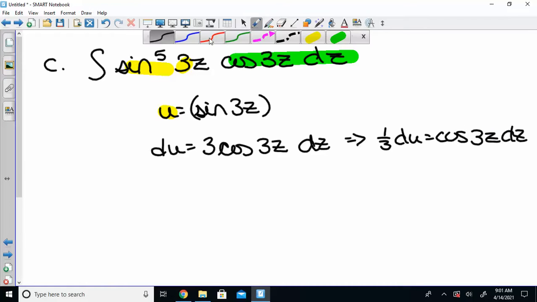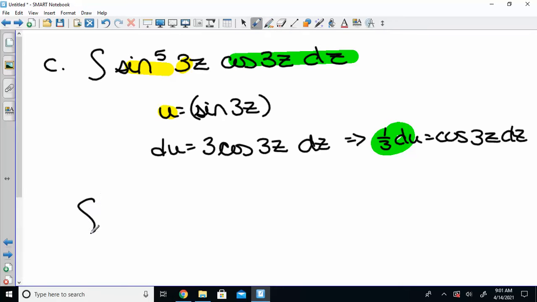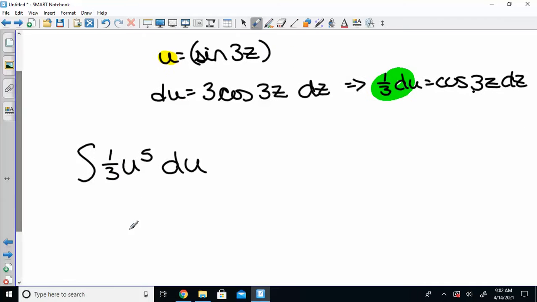A lot of you did not have that 3 from your chain rule. So then when I plug this in, the sine to the 5th becomes u to the 5th. The cosine 3z dz gets replaced with my 1/3 du. So your antiderivative, just bring down your 1/3, add 1 to your power, so that's u to the 6th.